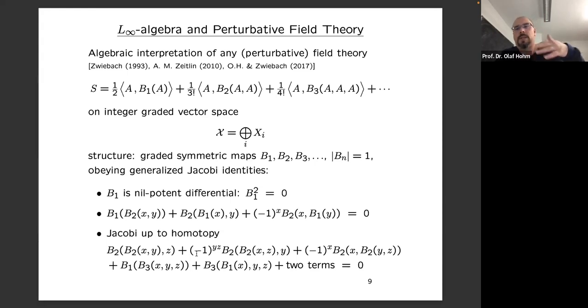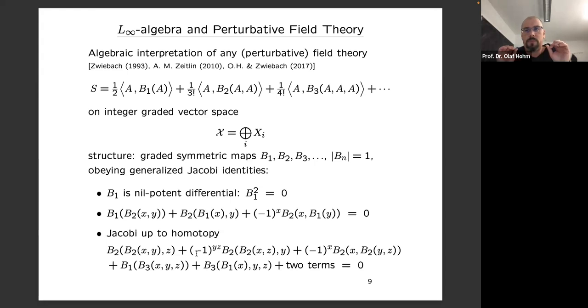And then there's an infinite tower of higher relations, potentially infinite tower of higher relations. They can be written in a closed form, and there's in fact a very neat closed form characterization in terms of coalgebras and coderivations that Jim could tell us all about, but I won't really need it. You can look it up if you care about.